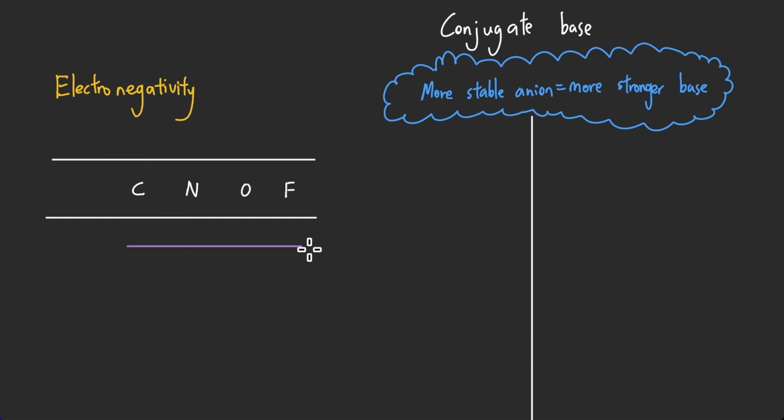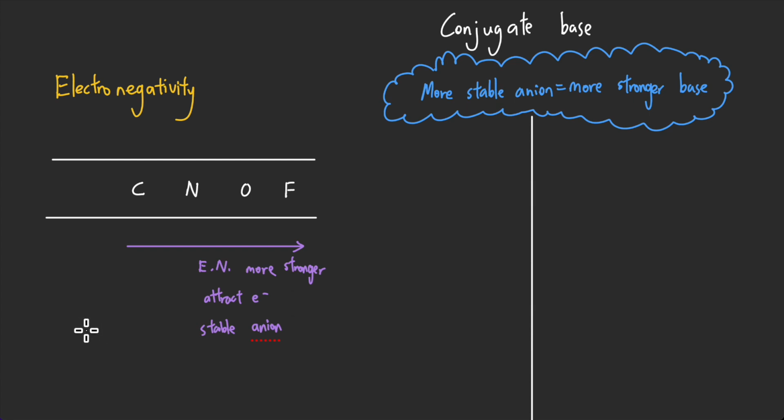As we move to the right side, the electronegativity, or the EN, is stronger, and therefore the atom has more ability to attract the electrons to form a more stable anion. So the more stable the anion, the stronger the base.